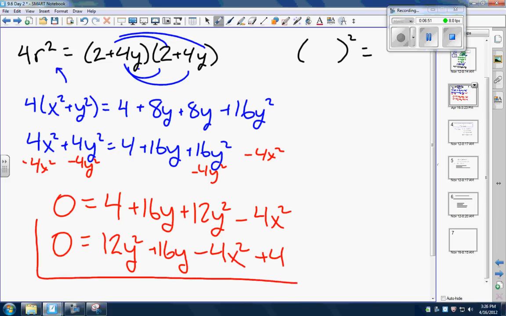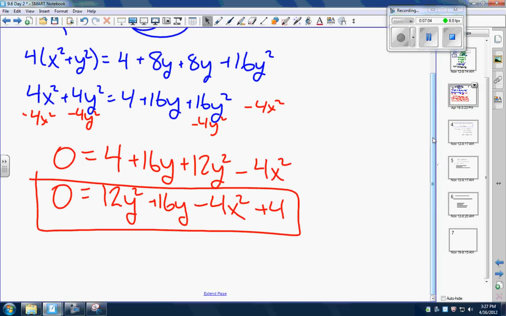Now, the answers are going to be okay to leave like that, but it's up to you if you actually want to complete the square and make sure you get this thing correct. If you take a look at this now, we see it's got a y squared minus a 4x squared. So in rectangular, that means it should be a hyperbola.